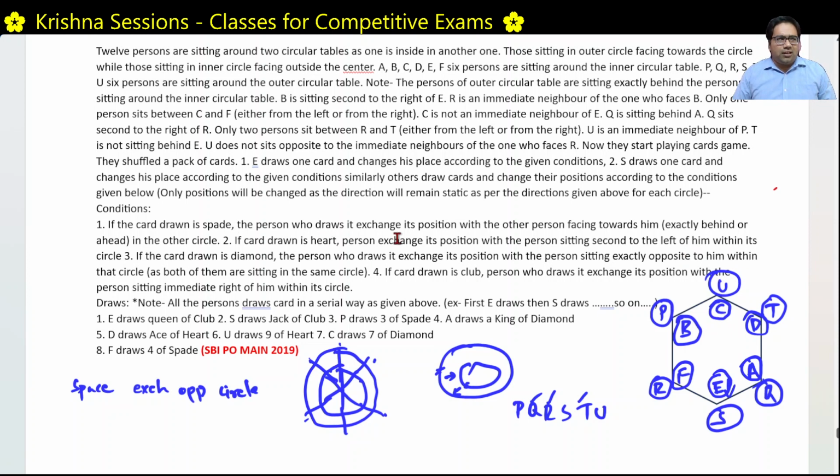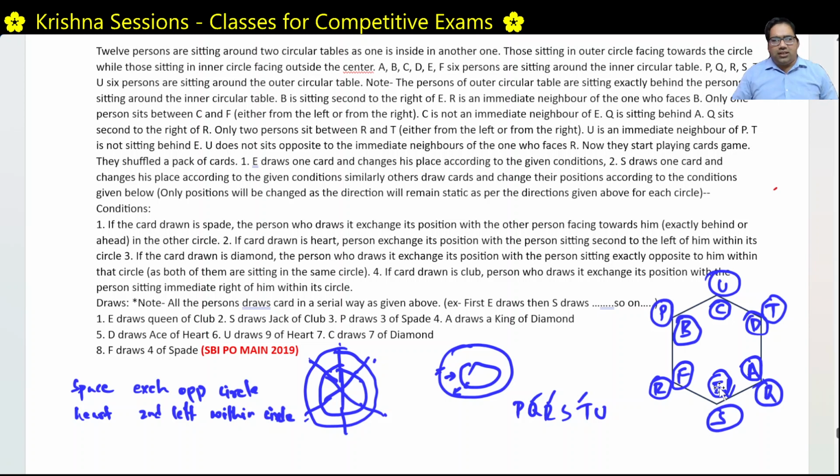Very good. If the card drawn is heart, the person exchanges position with the person sitting second to the left of him within the circle. Within the circle, what does that mean?